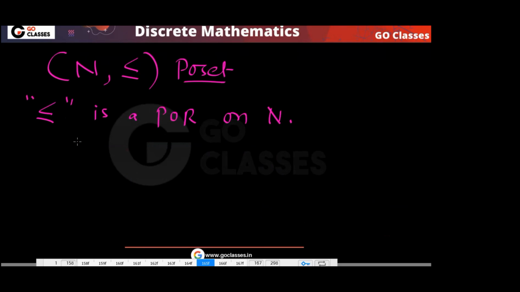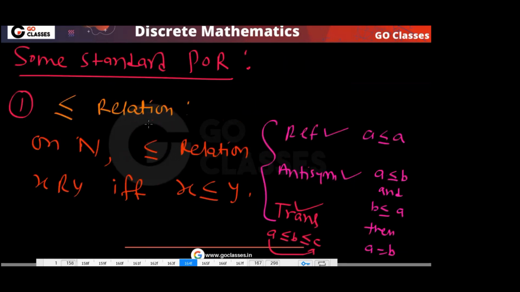Notice this is a partial order relation on every set of numbers you take: integers, real numbers, whatever set of numbers. So this is the idea. Some standard partial order relation: less than or equal to.